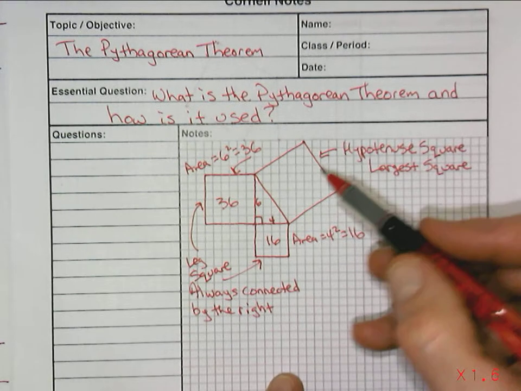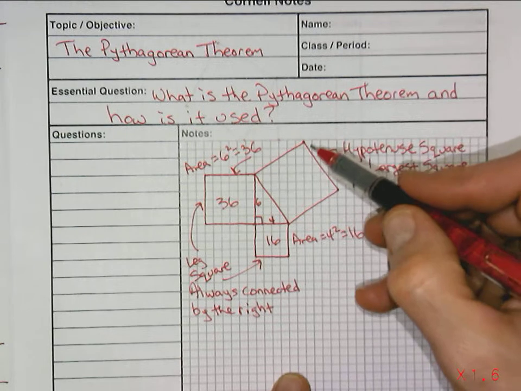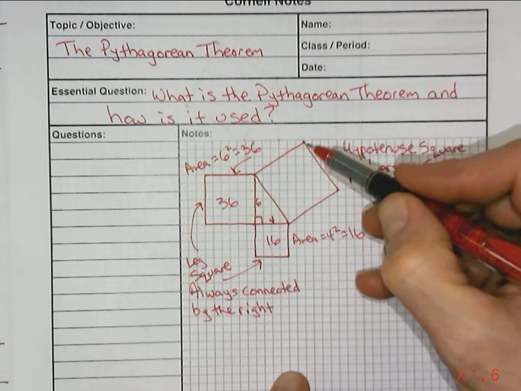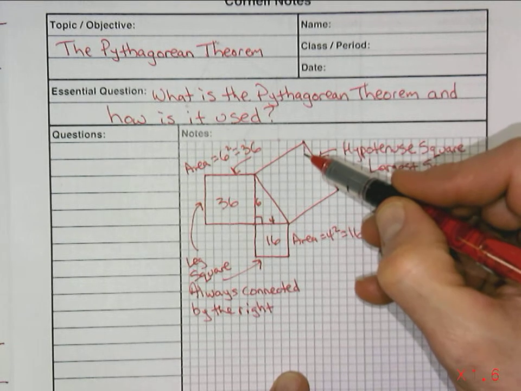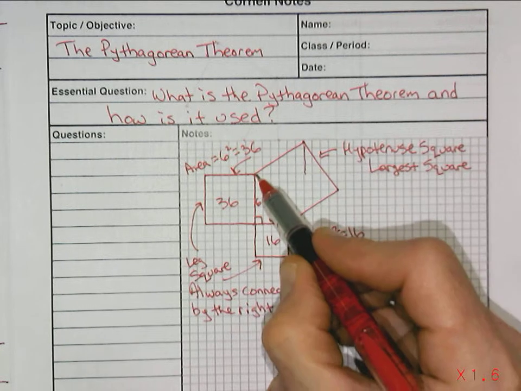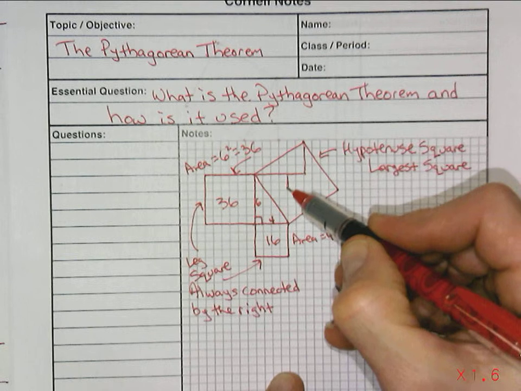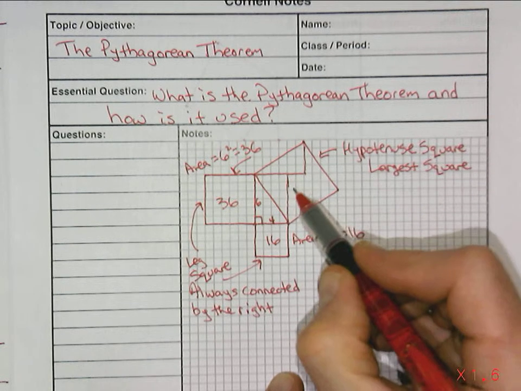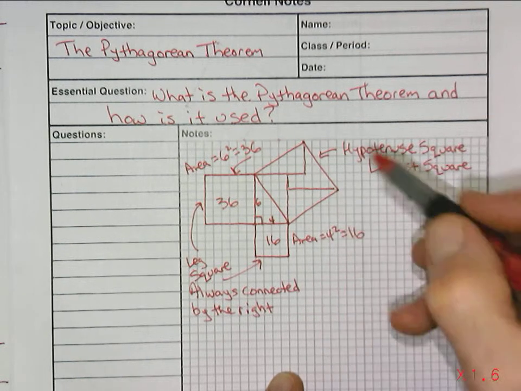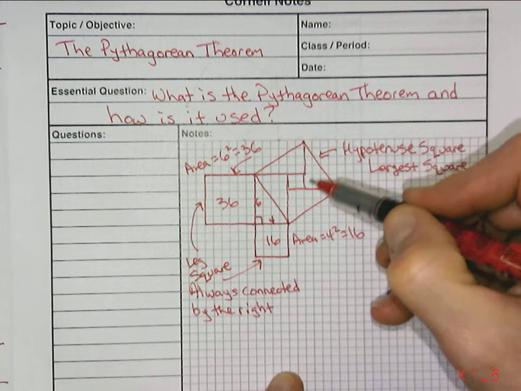The area of the hypotenuse square we come to find by actually finding the area. So we're going to do that first, just to be certain. You could use the Pythagorean theorem right now, but before we do that, I want to be sure that it actually works.